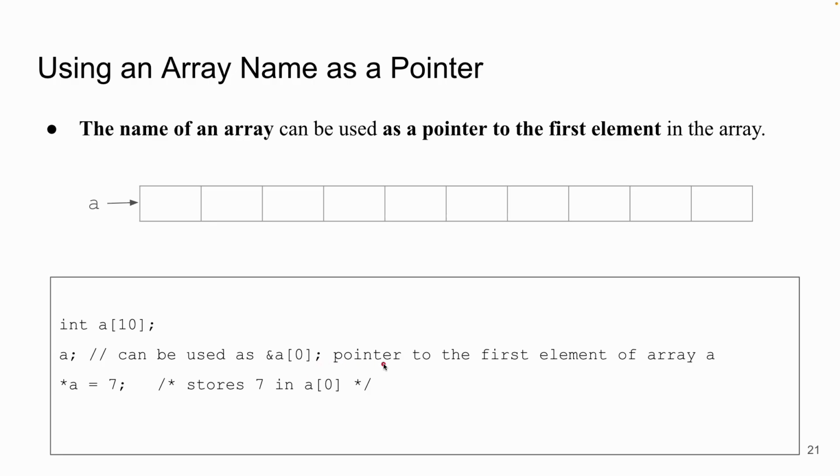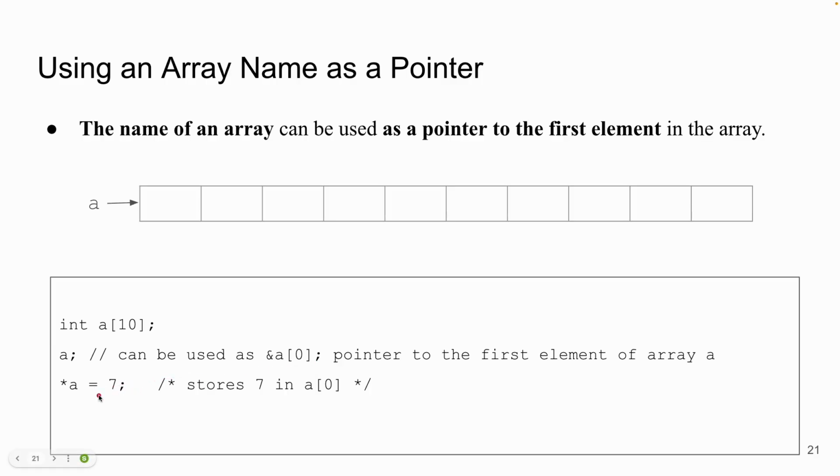We have repeated this a lot of times. In C, the address of the variable itself equals the pointer to the variable. So if A is the address of A0, that means A can point to A0.